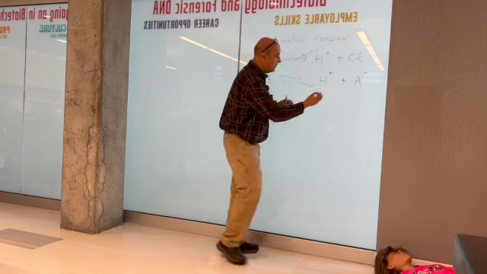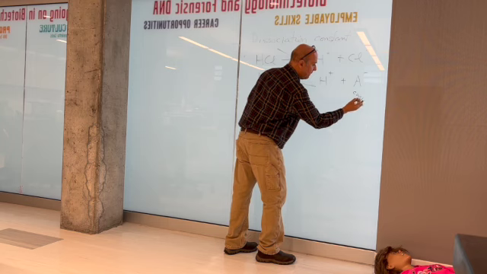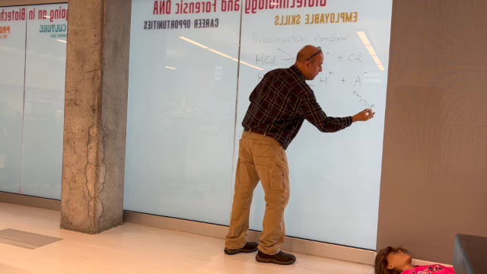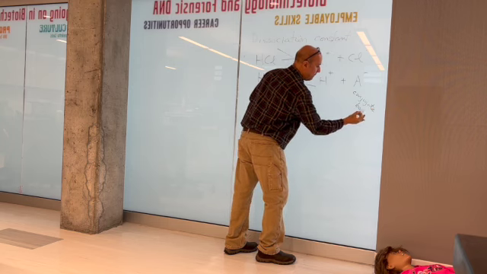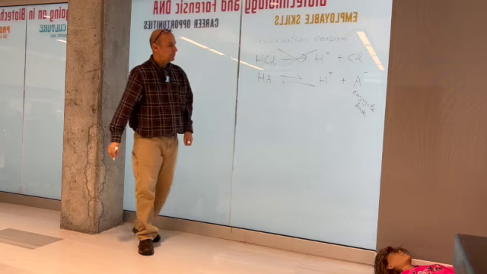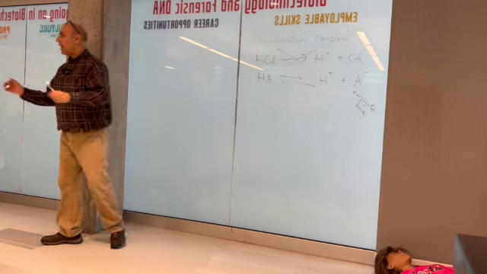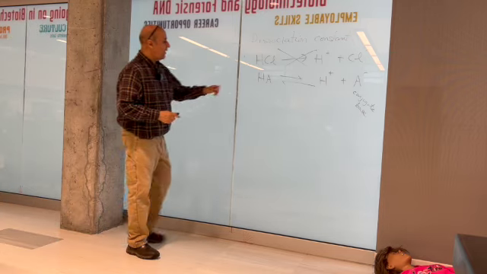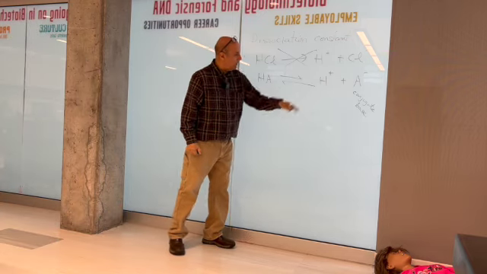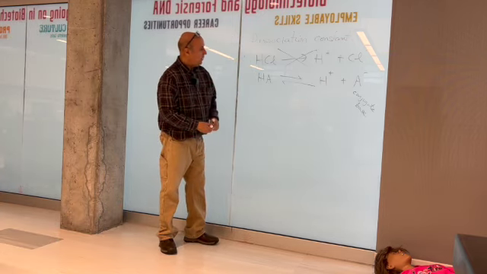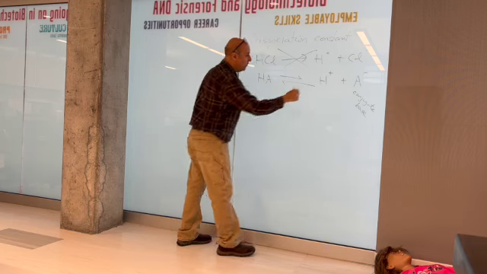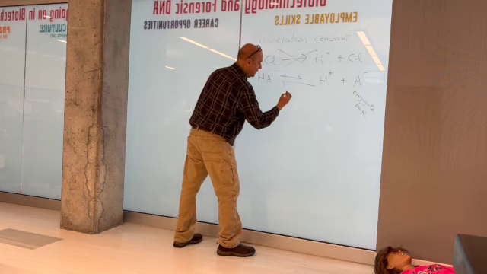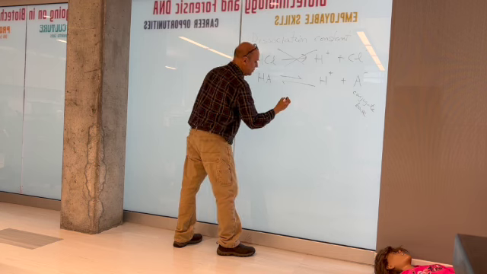So this is a name that you need to remember. And this happens in a very defined chemical equilibrium. Now, when you take the ratio of the products to the reactants, you come up with this so-called dissociation constant.